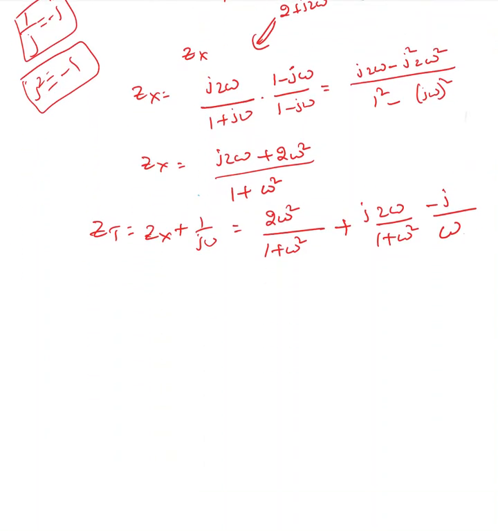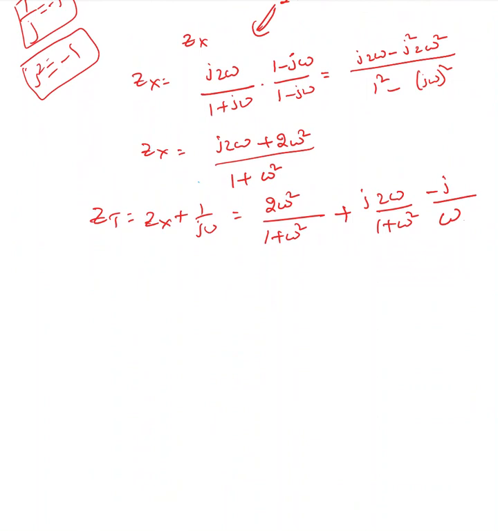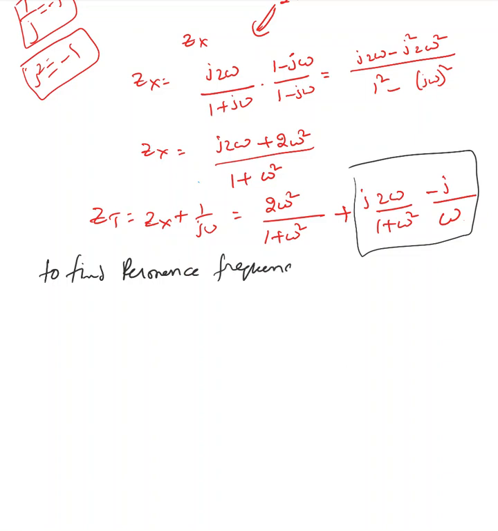Once I have the Z total, I need to make the imaginary part equal to 0. The imaginary part is right here. To find the resonant frequency, the imaginary part must be equal to 0. So 2 omega over 1 plus omega square minus 1 over omega must be equal to 0.